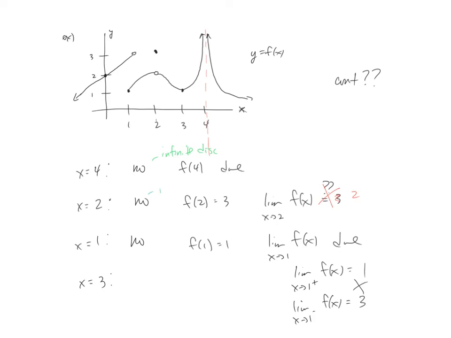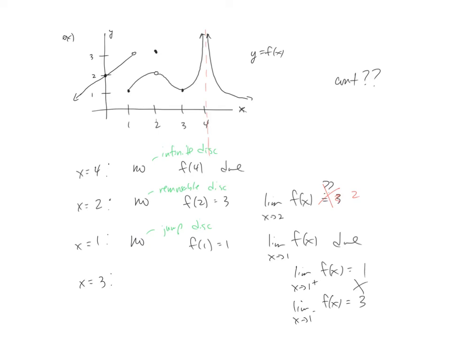This guy here is called a removable discontinuity. And this one here is called a jump discontinuity. The removable one you might be familiar with, having dealt with holes probably in college algebra. The infinite and the jump, both by name, kind of make sense. So those are just the names.